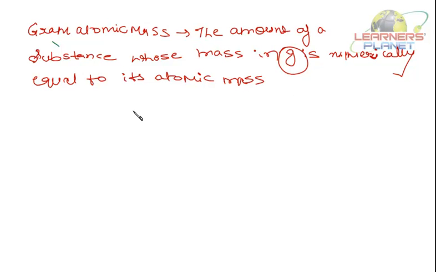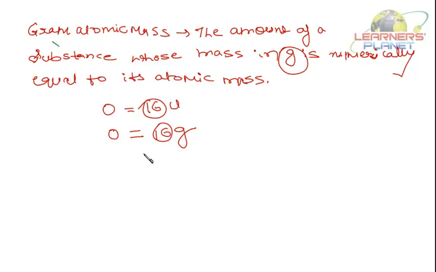Say for example, oxygen. The atomic mass of oxygen is how much? It's 16 units. So what will be the gram atomic mass of oxygen? It will be the amount of substance whose mass in grams, that is 16 grams, is numerically equal to its atomic mass.